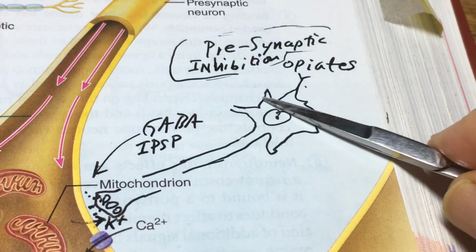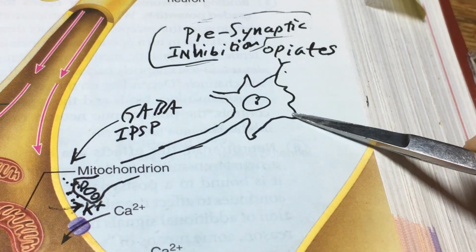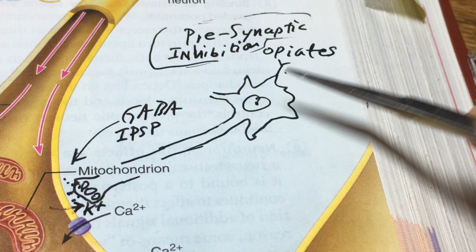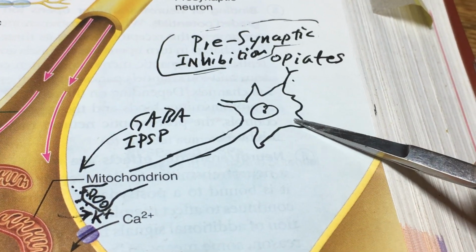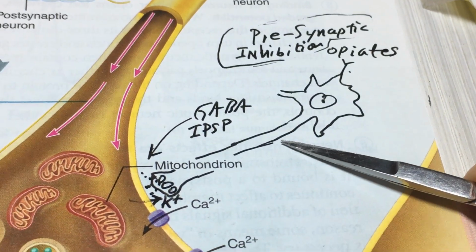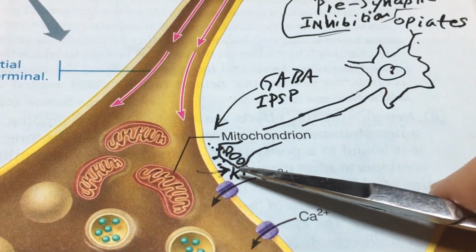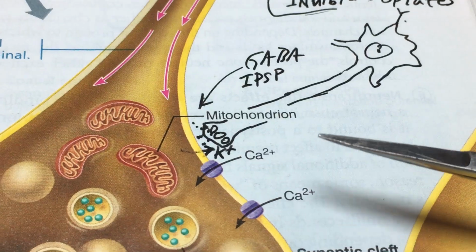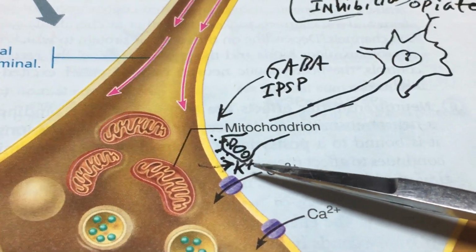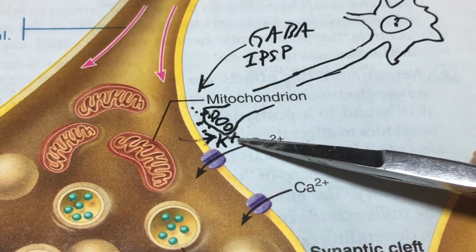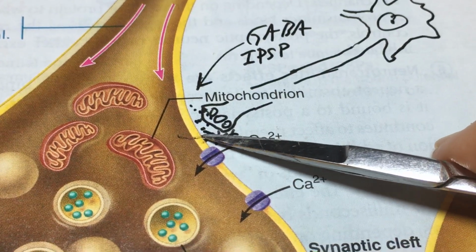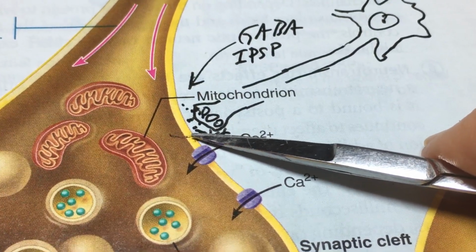Now, the opiate here is going to act upon this particular neuron, and this neuron is going to become activated, and it's going to release a neurotransmitter over here called GABA. What GABA does is it selectively opens the potassium channels. When you selectively open a potassium channel, you're hyperpolarizing.